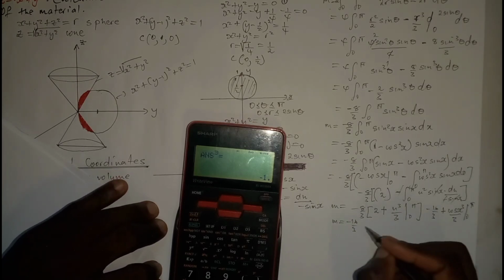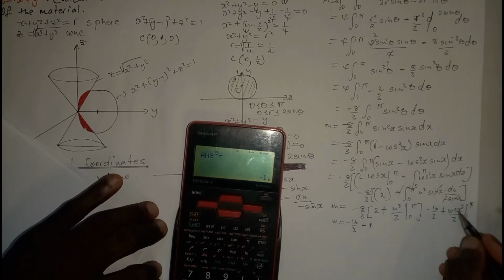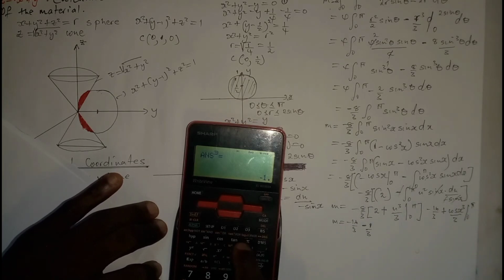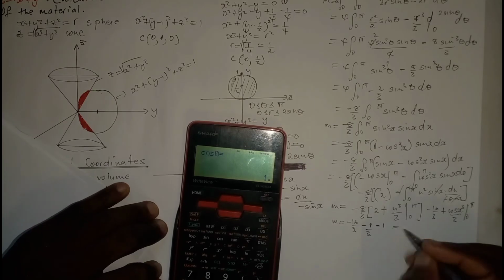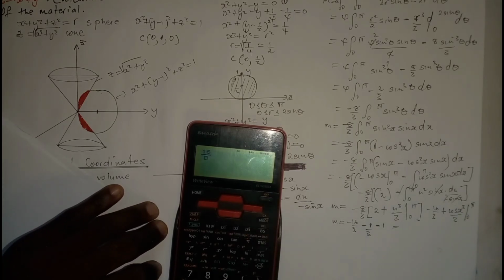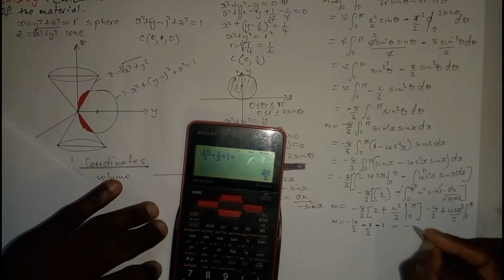I'm going to have negative 1 here, over 3. We're going to have cos 0, which is equal to 1, to the power 3. We're going to have negative 1. So it's going to be negative 16/3 plus 1/3 plus 1/3, and this one's going to be negative 20/3. That's going to be the mass.